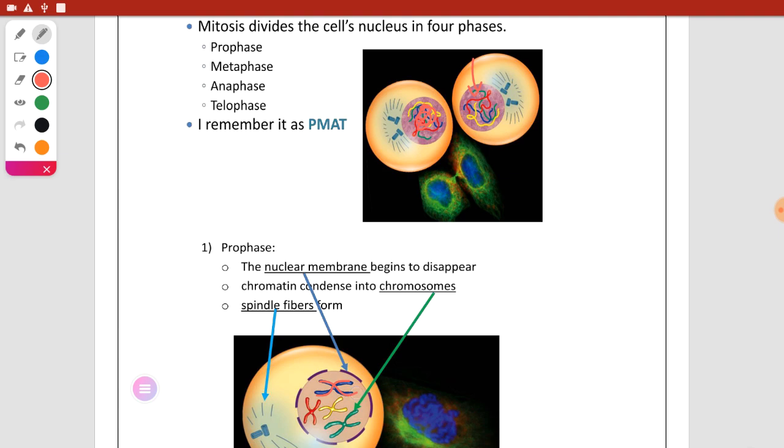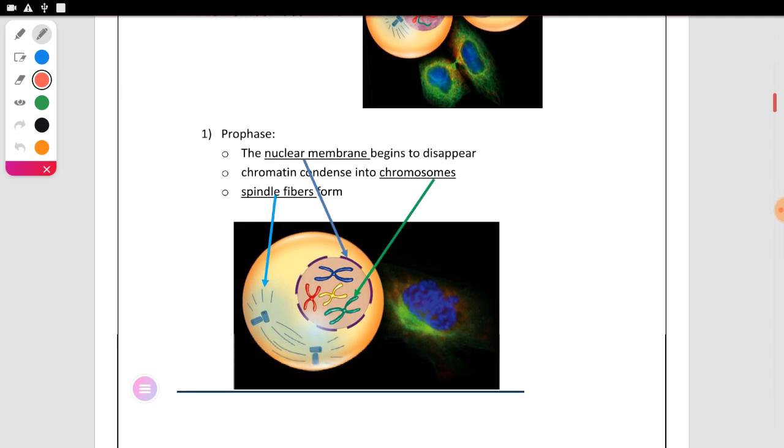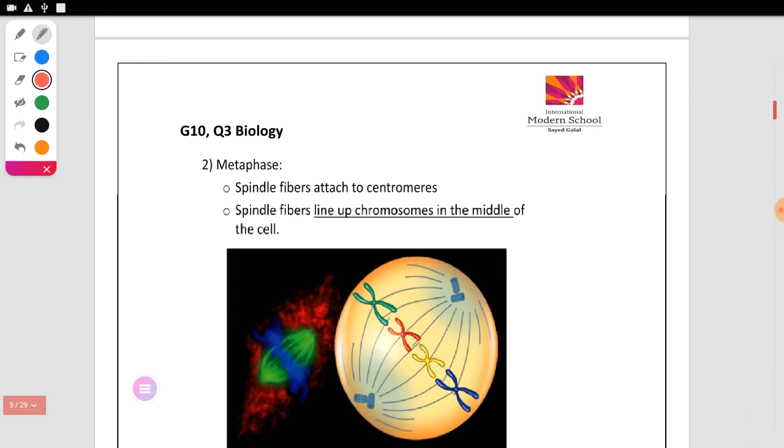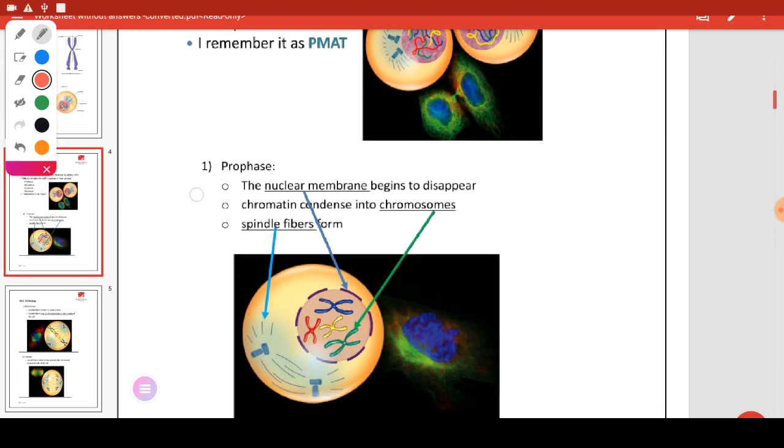It is in the form of chromosomes. Also, you can see that spindle fibers are formed. Do you see this part? These are spindle fibers. You will know their function later. So this was the prophase.